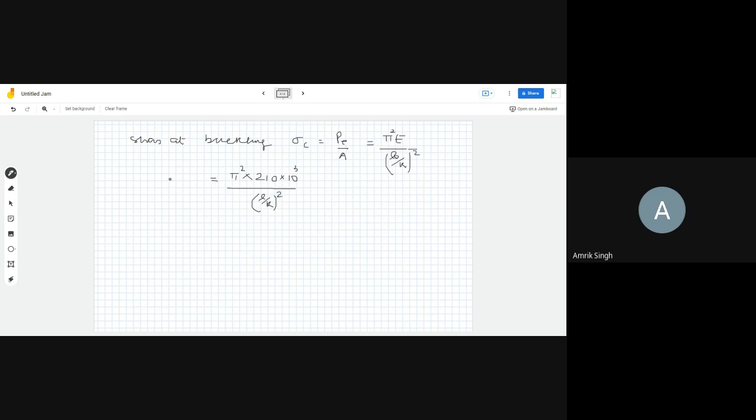So this value of sigma C is given as sigma C. So you can write from here the slenderness ratio, that is lambda equal to LE upon K, sorry, L upon K.